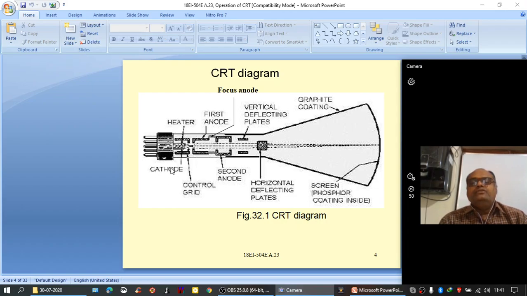To the vacuum glass envelope, all connections are provided using various terminals, and through these terminals we will get the voltages to various parts with different amplitudes. This is called the base of the CRT. Is that clear? Now, let us move on.